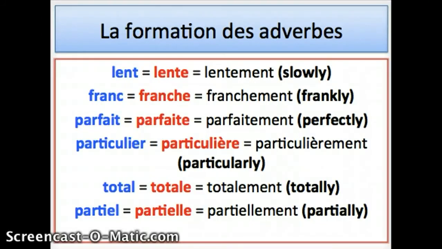Total, totale, totalement, totally. Partiel, partielle, partiellement, partially. Okay, so the vast majority of adverbs are formed just like that, the ones that I just showed you. So there's nothing real tricky except you really have to know the feminine form of the adjective. So if you're ever not sure, then just look it up. There's no harm in that.